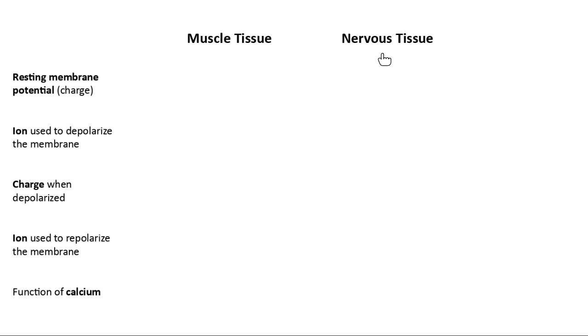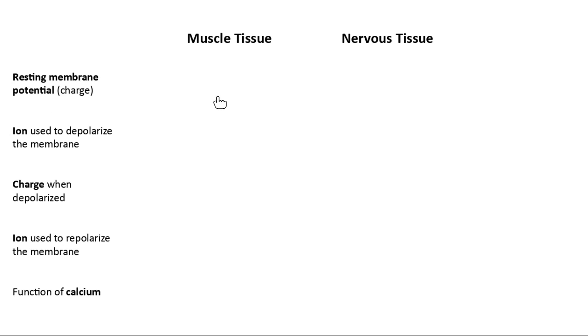I didn't make you memorize a lot of numbers this semester, but we do have to know a few numbers related to these types of tissue. One of the numbers that we need to know is what's called their resting membrane potential, their normal charge when they're waiting to hear a message, or when they're waiting to contract in the case of muscle tissue.